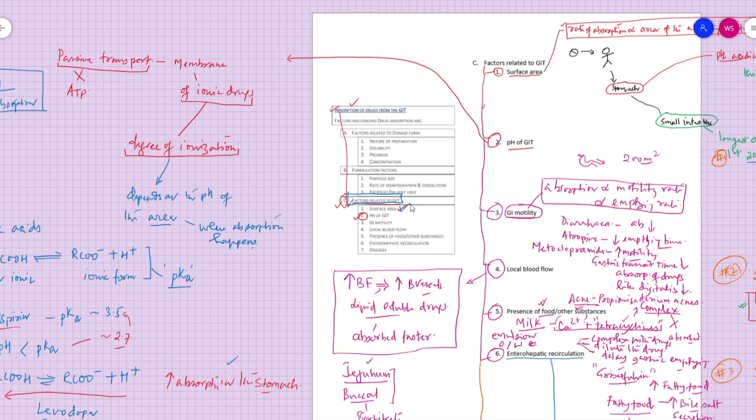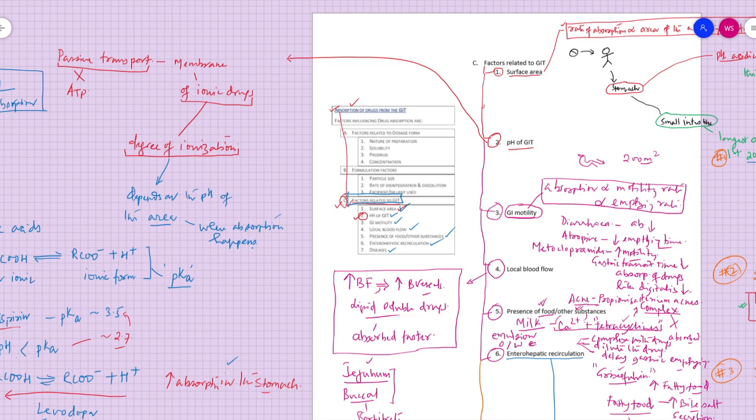We talked about surface area, pH, GI motility, the local blood flow, the presence of food or other substances, enterohepatic recirculation, and the effect of diseases which might interfere with the absorption of drugs. So that in essence completes this section of our lecture on pharmacokinetics, the absorption of drugs from the GIT.